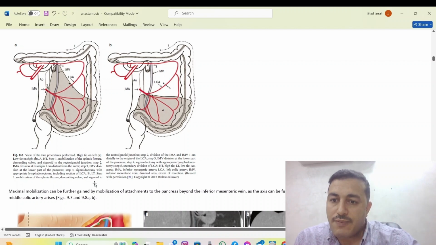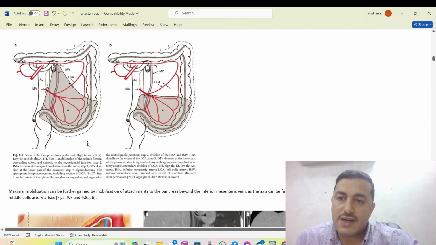Step 4 is sigmoidectomy, the original surgery, sigmoidectomy with appropriate lymphadenectomy, including section of the left colic artery over here. This should be cut to give us additional length. Okay, this is step 4.